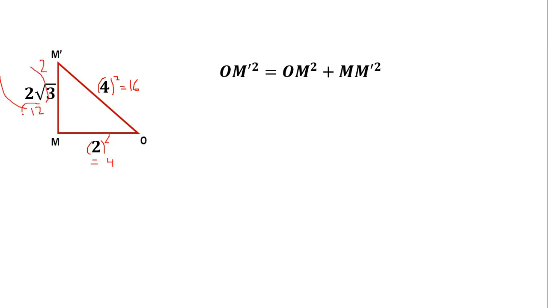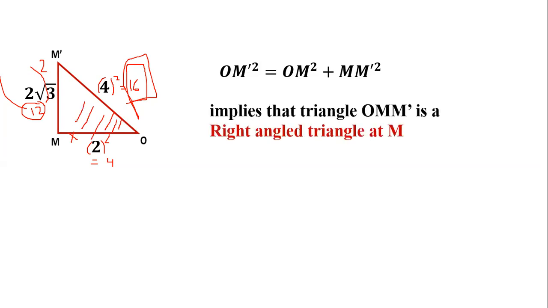Adding the smallest sides, 12 plus 4 gives 16, which is equal to the largest side squared. So we can conclude that OM prime squared is equal to OM squared plus MM prime squared. And now we can say that the triangle OM prime is a right angled triangle by using the converse of Pythagoras theorem.